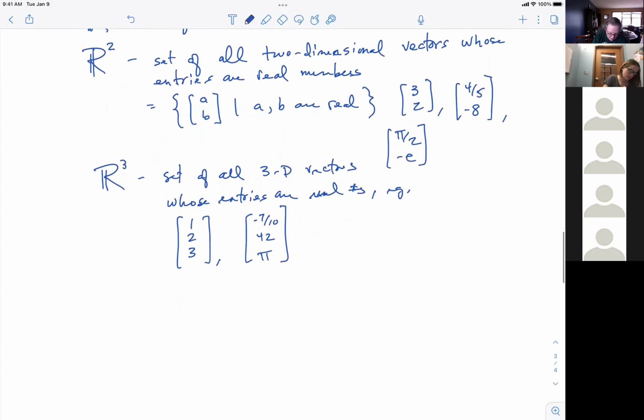And then in general, we talk about Rn, and Rn is the set of all n-dimensional vectors whose entries are real numbers.